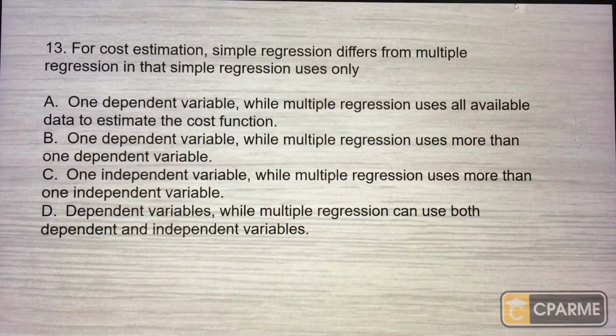So what's the difference between simple regression and multiple regression? Yes, that's correct. It's letter C. One independent variable for the simple regression, while the multiple regression uses more than one independent variable. Independent variables, not dependent variable.